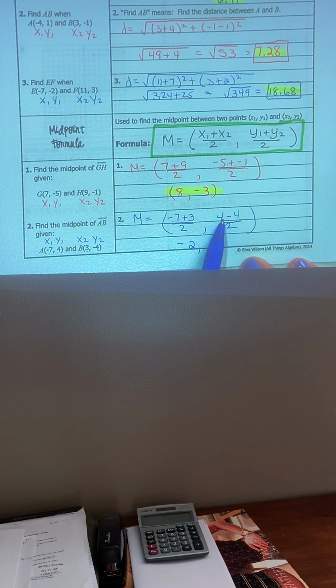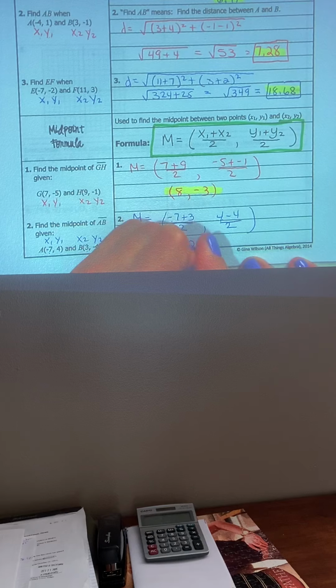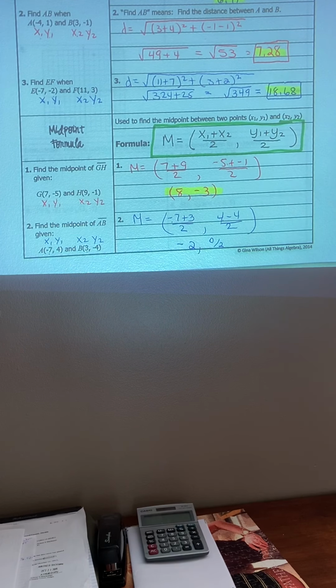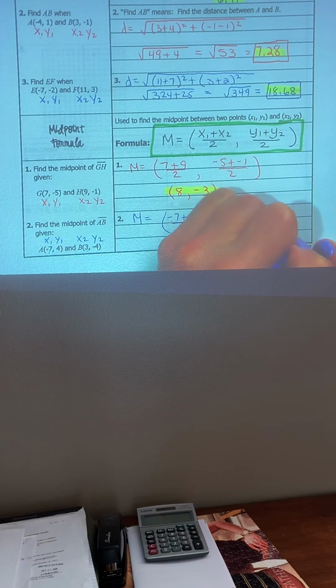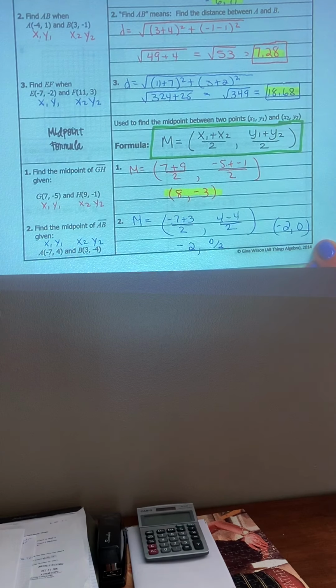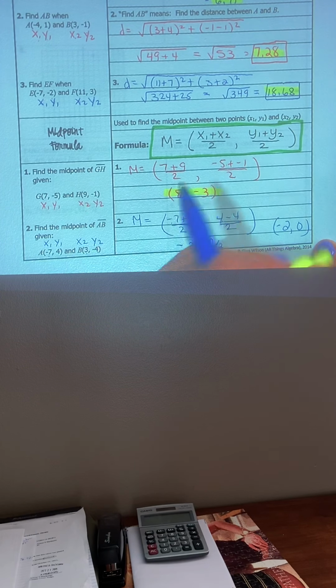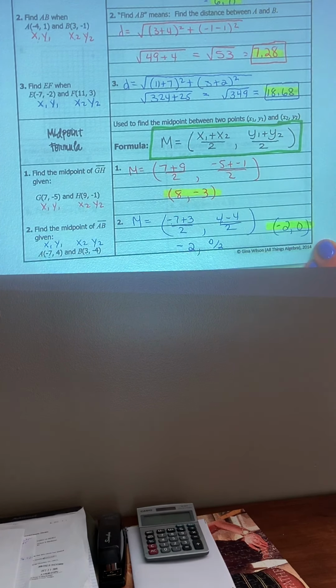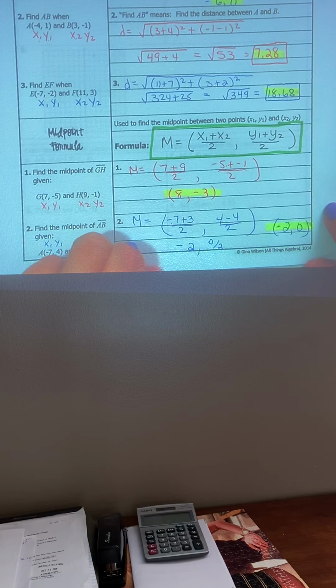Here, this is 0. 0 over 2, you can't leave it like that. So my final answer is -2 and 0. That is my final answer. You cannot leave it as 0 over 2. Okay? So let's practice a couple problems on the next page.